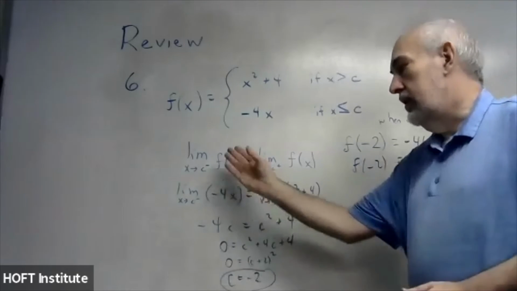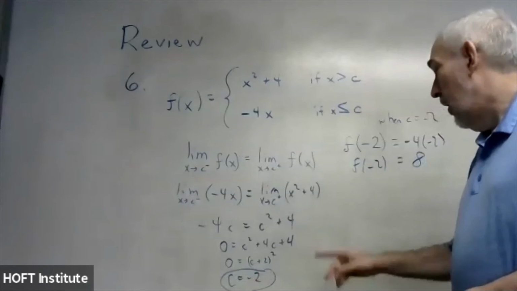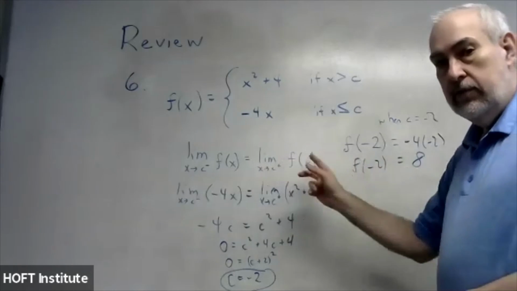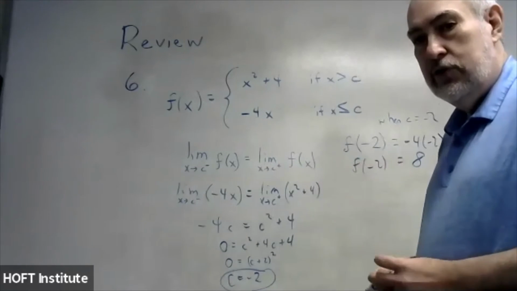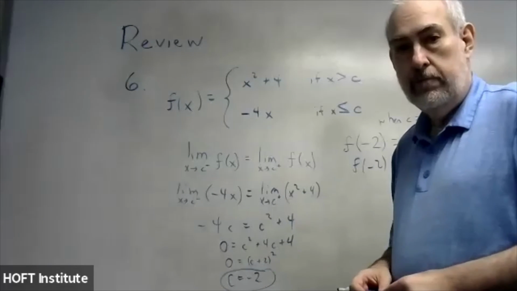So I've proven that the limit from the left and the limit from the right are going to be equal when c equals -2. Also, the function at -2 is the same value, 8. So limit from the left, limit from the right, and the function are equal to 8, making it continuous. And that only happens when c is -2.